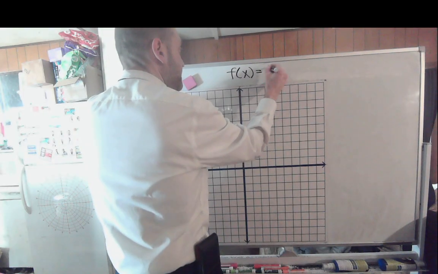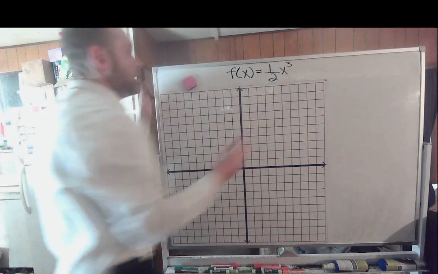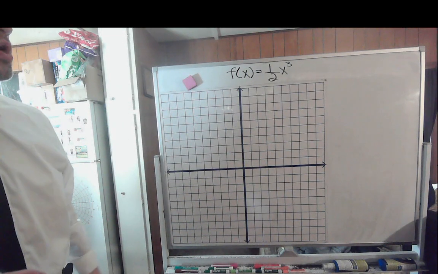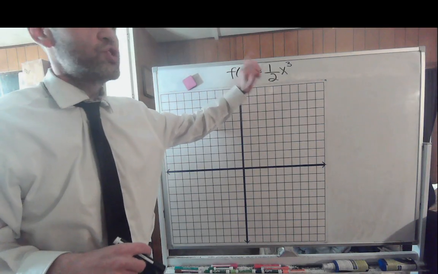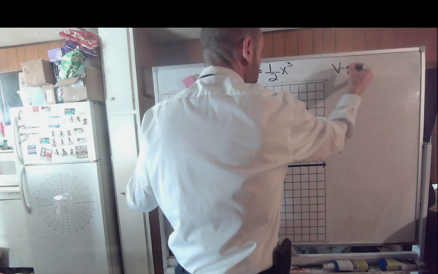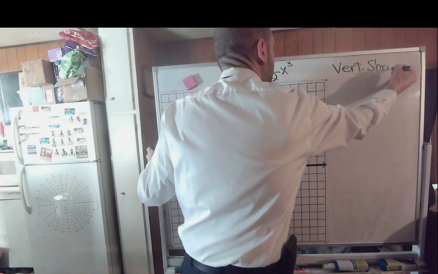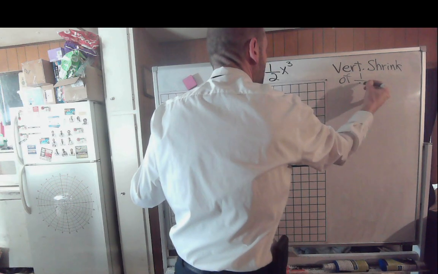Let's say f of x equals 1/2 of x to the third. Well, this is a vertical shrink of a factor of 1/2, which is a horizontal stretch also. Vertical shrink of 1/2. Let's go ahead and draw this.